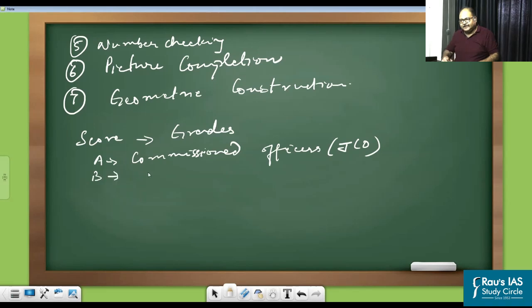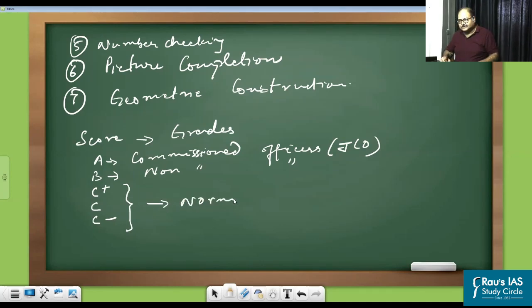Those who received grade B were chosen as non-commissioned officers. Then there were 3 grades: C plus, C and C minus. These 3 collectively were chosen as normal soldiers. Okay. And then there were 2 more grades, D and D minus.